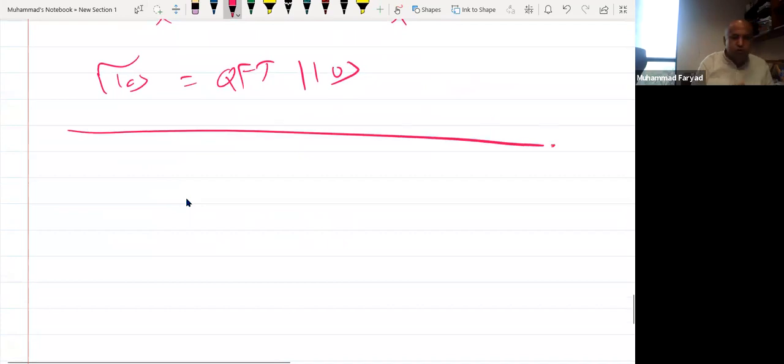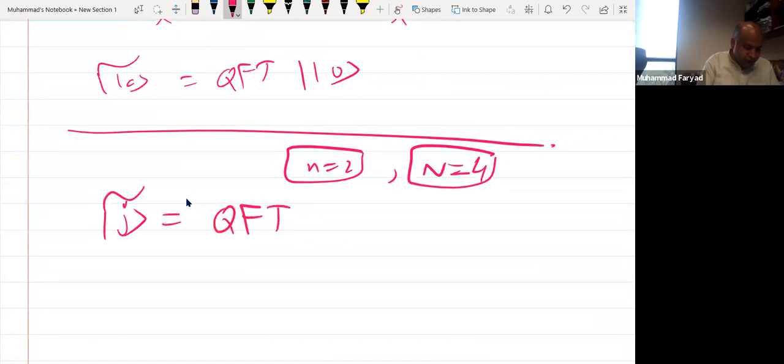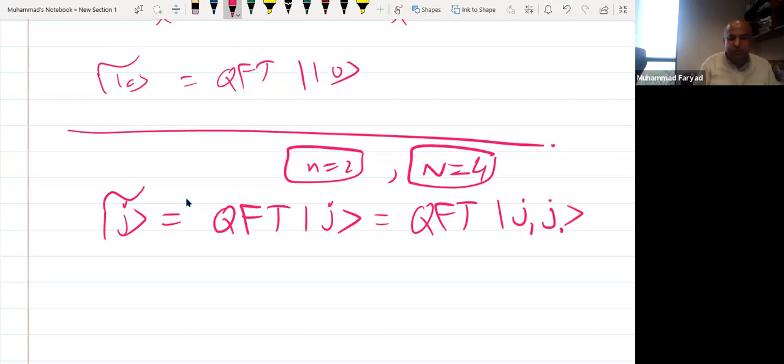So let's now begin generalizing this transformation and start again from n equal to 2. Let's say we have a 2-qubit state j, and we want to find its Fourier transform. By 2-qubit state I mean I have one qubit j1 and another qubit j0.